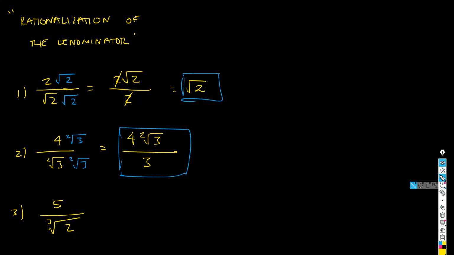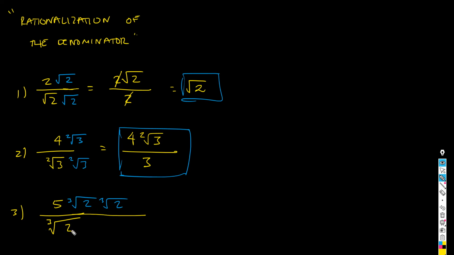Let's see what happens here. Same idea. I need to multiply numerator and denominator by the same number, which is the denominator itself. But in this case, I need to multiply 2 times by the same number, you see? I'm multiplying the numerator by the cubic root of 2 times the cubic root of 2.